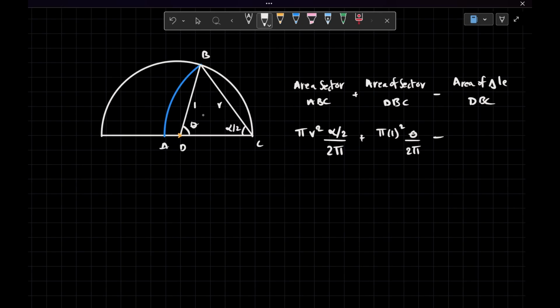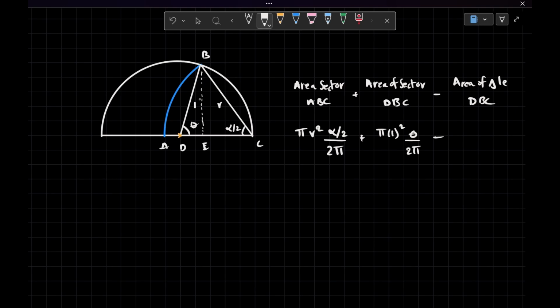For that you need to find the height of this triangle. You can easily find it if you draw a perpendicular from here, and you can call this point E. This height can be written in two forms, because you can write sine theta as opposite by hypotenuse, which is 1, which will give sine theta, and sine of alpha by 2 is opposite by hypotenuse, which is r, so the height is r sine alpha by 2.